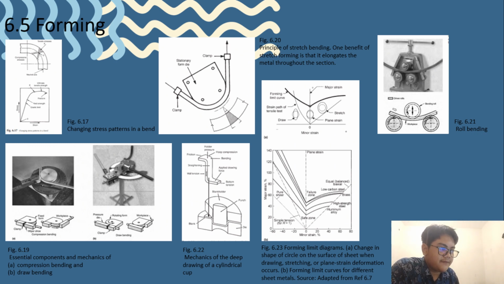Spring back is a major factor in forming operations. As an example, the tensile stress is maximum at the outside surface of the bend and decreases toward the center of the sheet thickness. As we can see in figure 6.17, there are changing stress patterns in the bend. The stress is zero at the neutral axis.